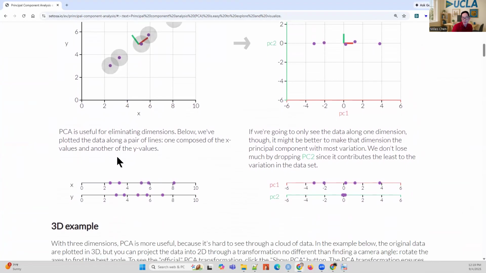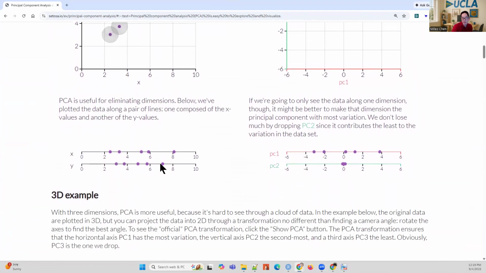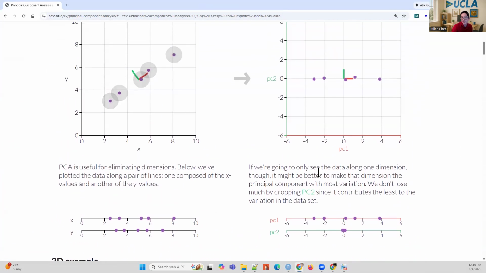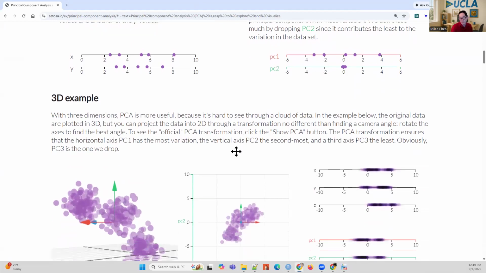And so the original data in X and Y is spread out over X and spread out over Y. And then over here, we've maximized the amount of variance on principal component one. And then principal component two has very little variance. And so we can throw it away and we don't lose that much information.